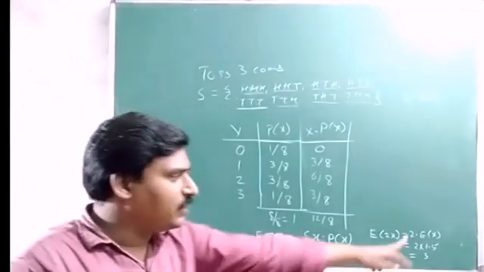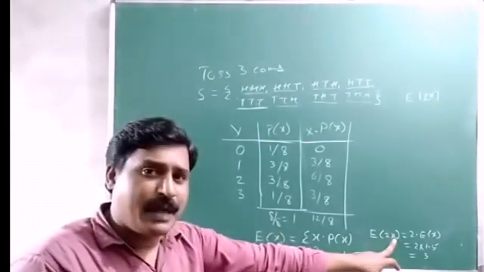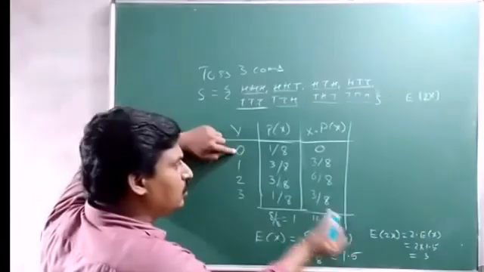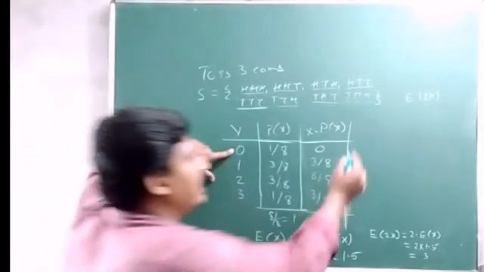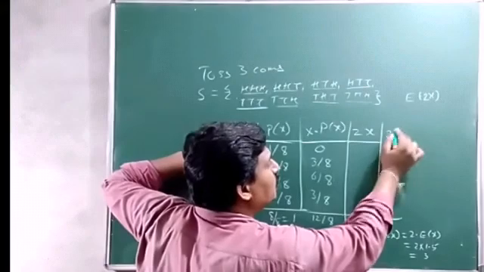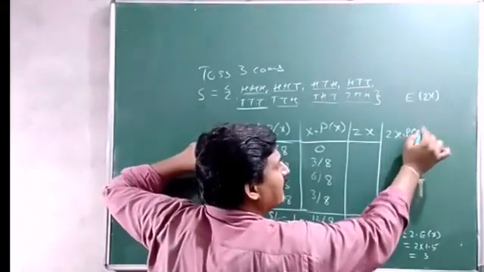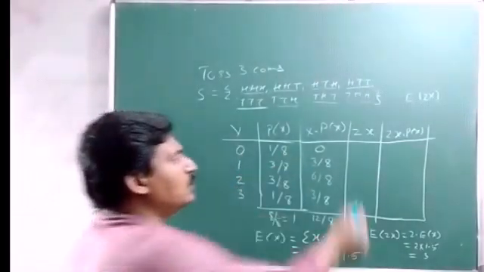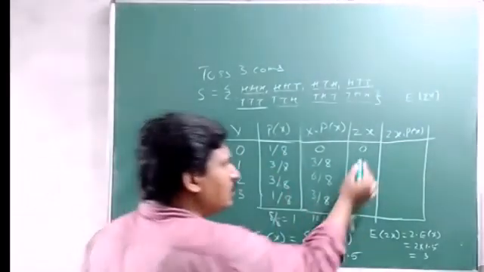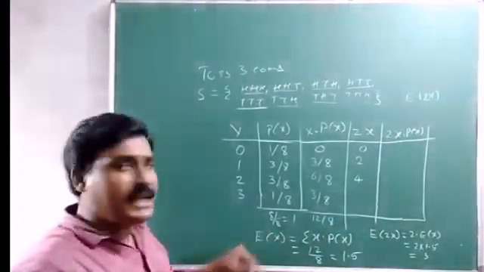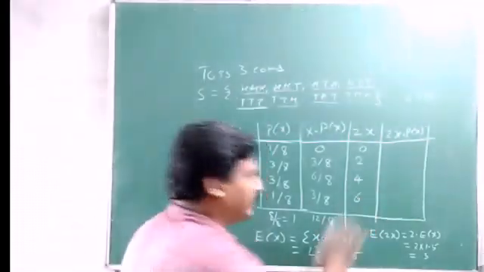So what we have to do here, x should be multiplied by 2. So 0 into 2, 0. So here I do 2 into x, then 2x into P of x. So 0 into 2, 0. 1 into 2, 2. 2 into 2, 4. 3 into 2, 6.